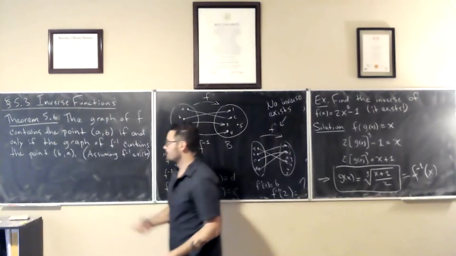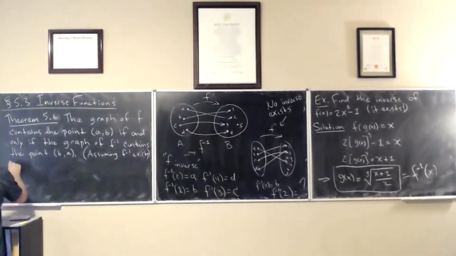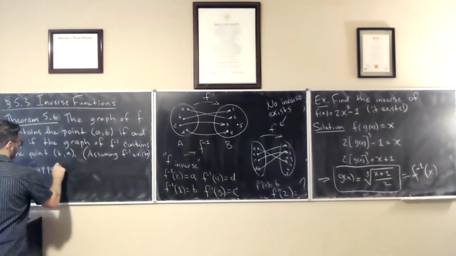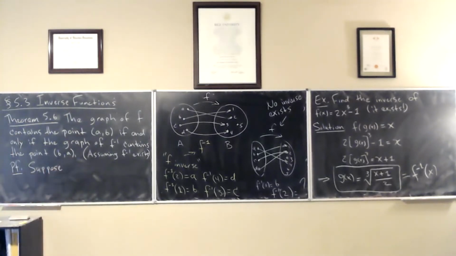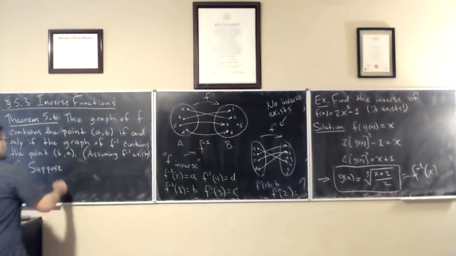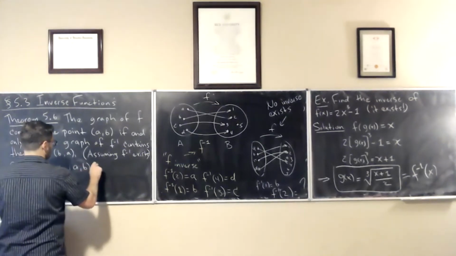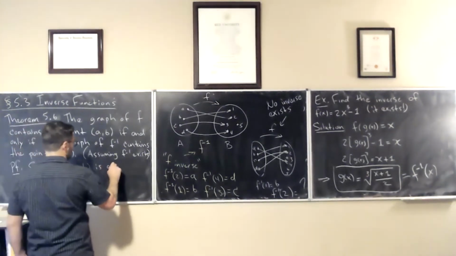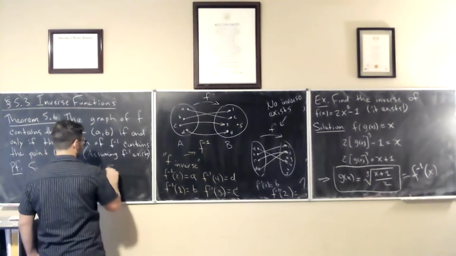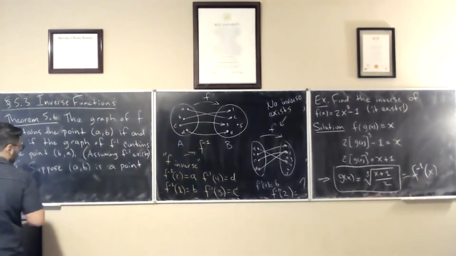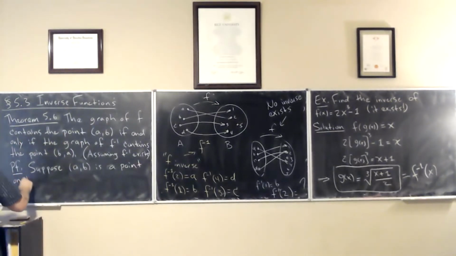Okay. So how would this be the case? Maybe give a short argument for it. Suppose first, so whenever I write PF, it means proof. I'm not giving an argument why it's true. So suppose (a, b) is a point on the graph of f.